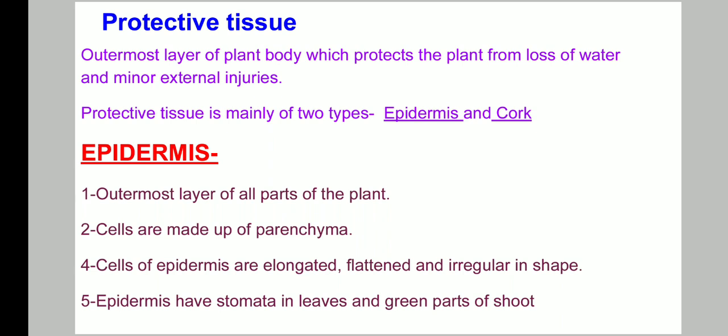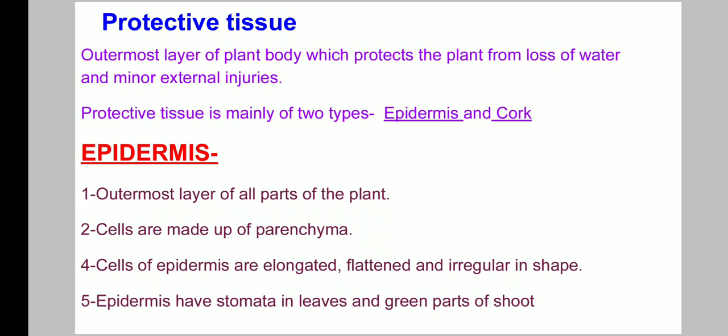Other than that, the outermost covering you can see in the plant parts is epidermis. So epidermis is the outermost layer of all parts of the plant. All the cells of epidermis are made up of parenchyma.